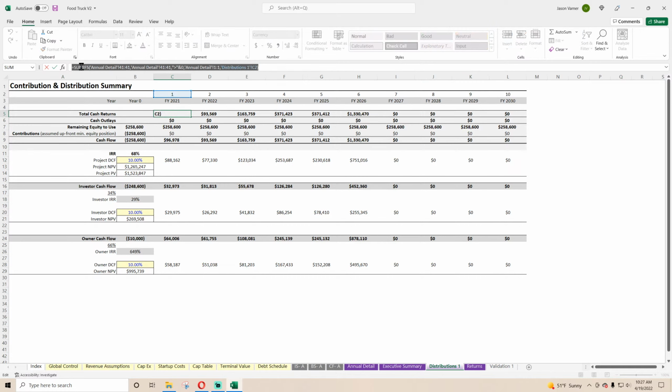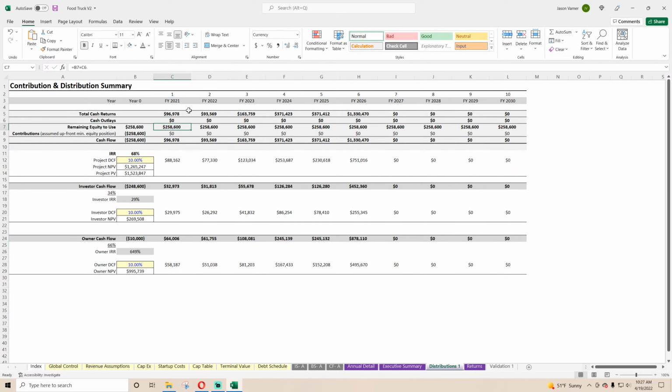And then here we'll do the same thing, but anything less than 0. And I'll show you what that will look like if there was something less than 0 after we're finished here. All right, remaining equity to use.